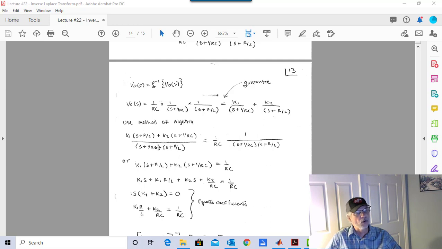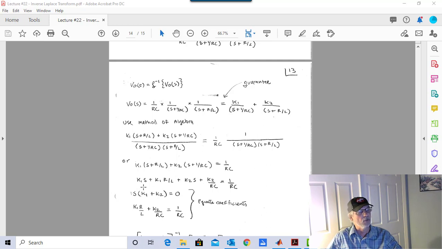At this point, I can throw away my denominators, and here is my numerator. K1 times S plus R over L plus K2 times S plus 1 over RC is equal to just 1 over RC, because I just have a 1 here.